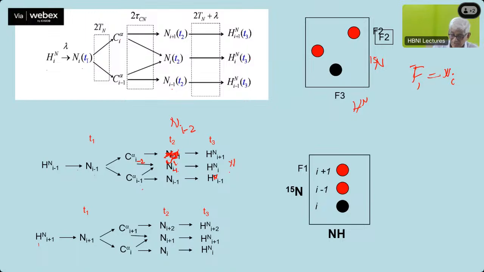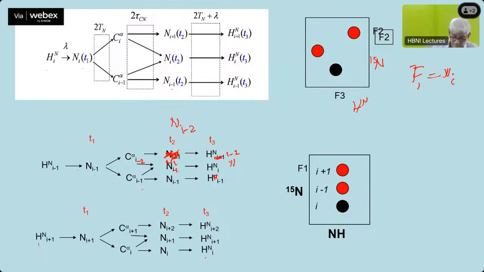So then I will have here H(N)i minus 1 will appear twice. From here, Ni minus 1 and Ni minus 2 will give me H(N)i minus 2 and H(N)i minus 1. These three we will get. So when I look at a particular H(N) of i, how many times will HNi appear?